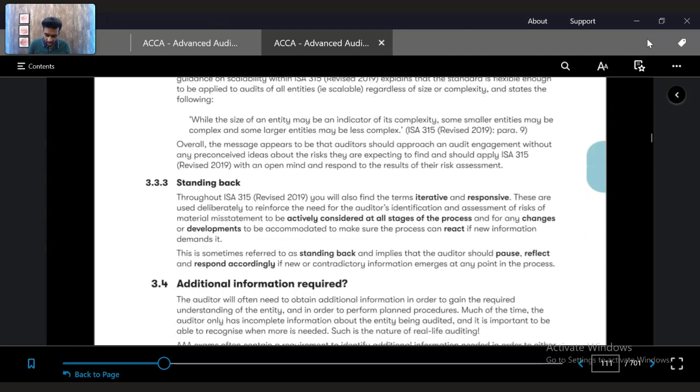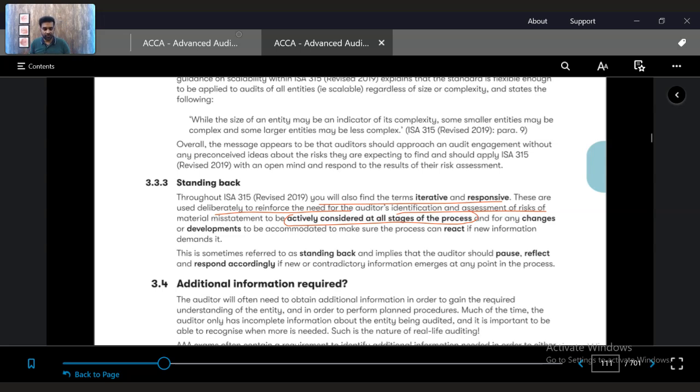The other term is called standing back. Throughout ISA, you will find the terms iterative and responsive. These are used deliberately to reinforce that the auditor's identification and assessment of the risk of material misstatement is to be actively considered at all stages of the process.